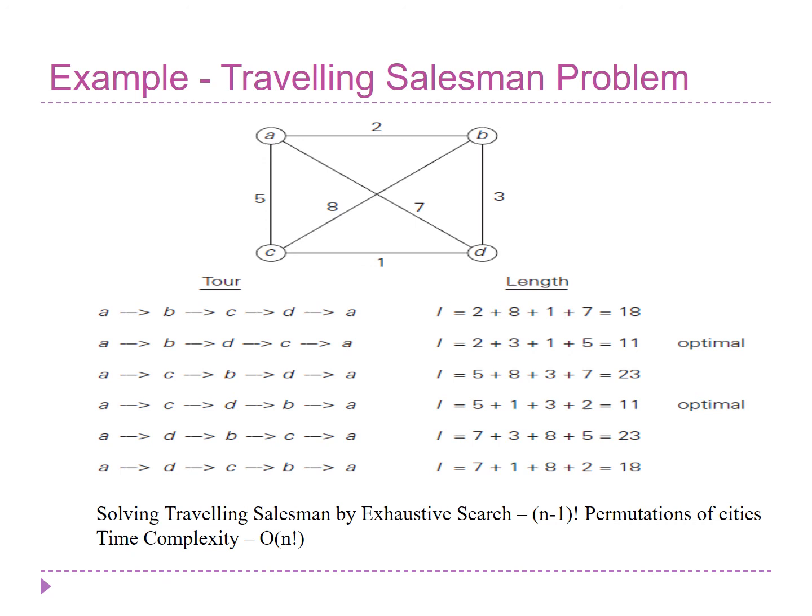Let us consider the solution to the traveling salesman problem for the tours starting at A. In the exhaustive search approach, we find all the tours that are possible starting at A. There are 6 possible tours starting at A, and these tours are as given here. The length of each tour is the sum of the edges that connect the vertices along the tour.